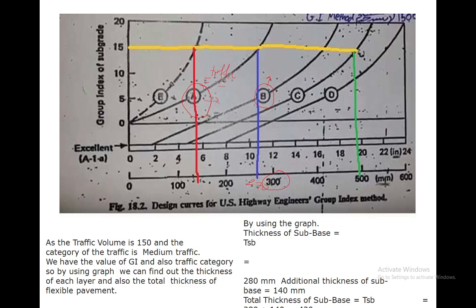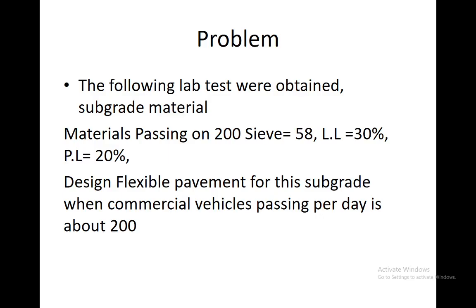The next one is curve F, which gives us the overall thickness of the pavement for the light traffic when the sub base course is present, and so on. So this is basically the graphical representation.